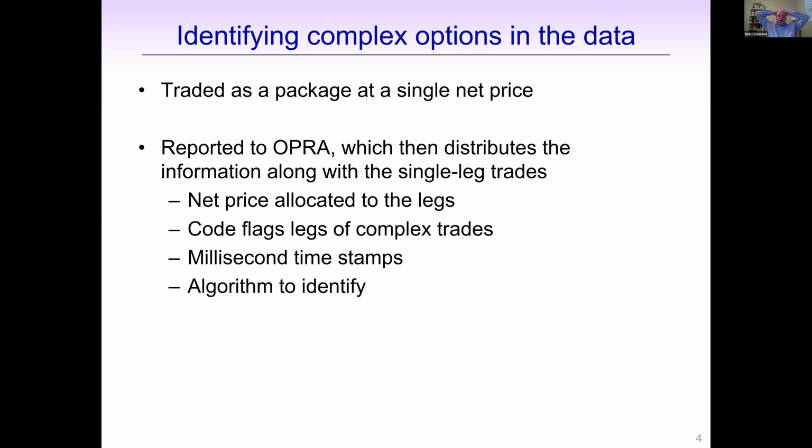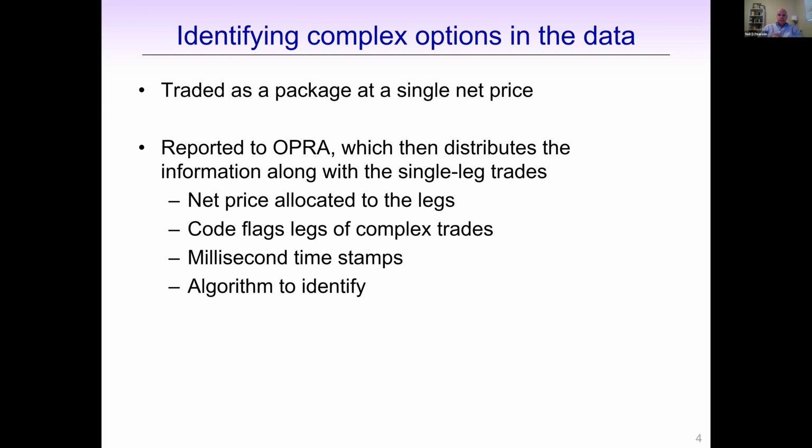For example, if there's a call that has a value of about 225 and another call with a higher strike that has a value of say 150, and you wanted to execute a vertical spread of buying the lower strike call and selling the higher strike call, you would offer that vertical spread at a single net price equal to, in this example, about 75 cents.